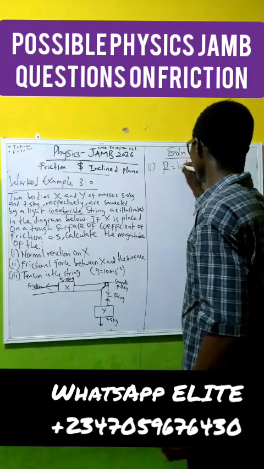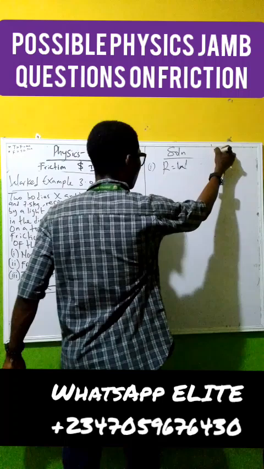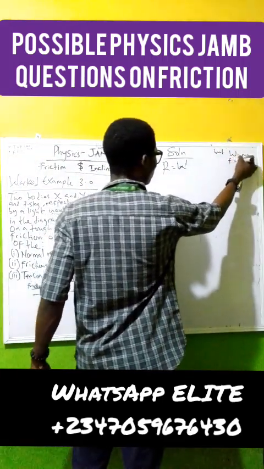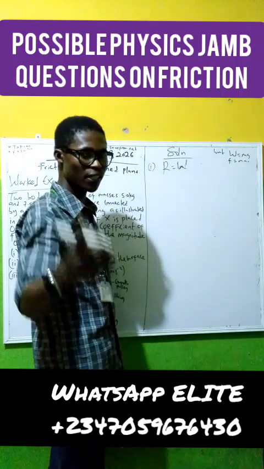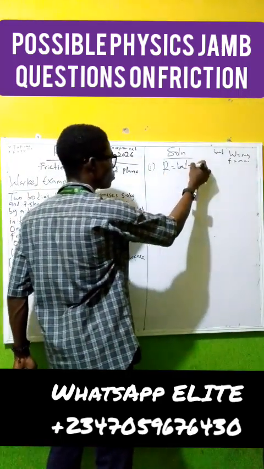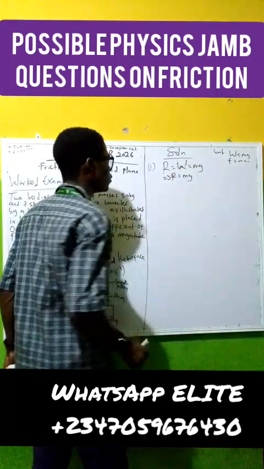Don't forget that our weight force is equal to mg, just as force is equal to ma. So R equals weight force, which implies R equals mg.